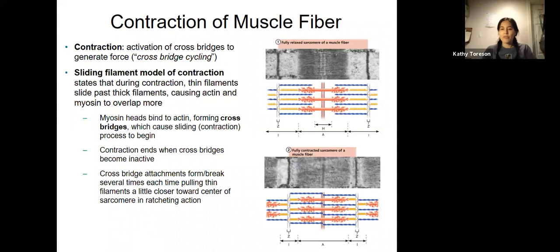So the question earlier about the function or the importance of the M line, that is the center of the sarcomere, and during full contraction, that is the point at which these actin filaments meet.